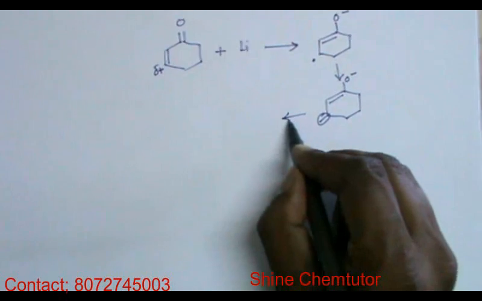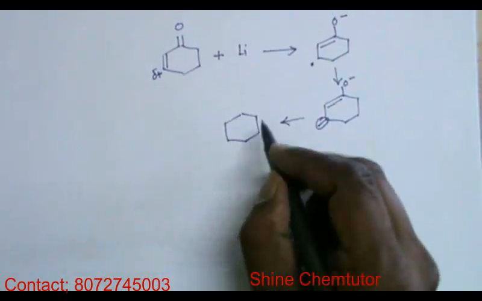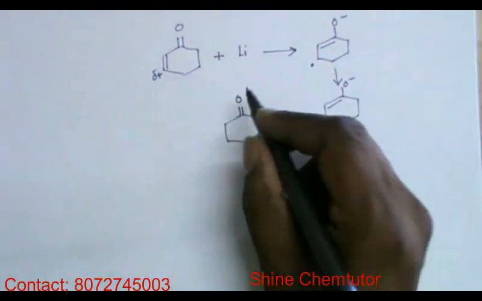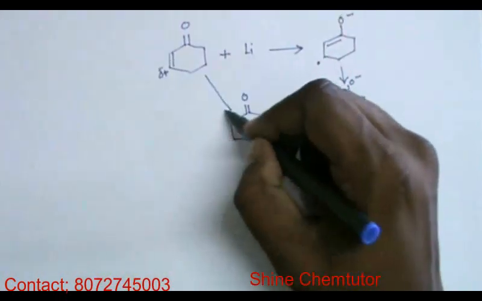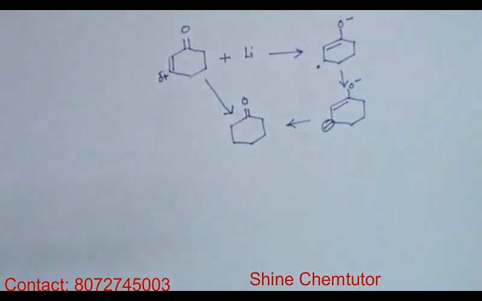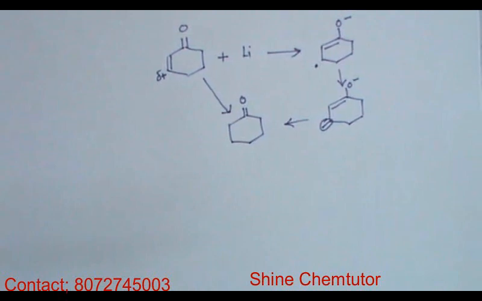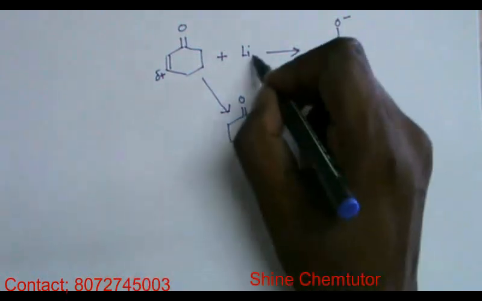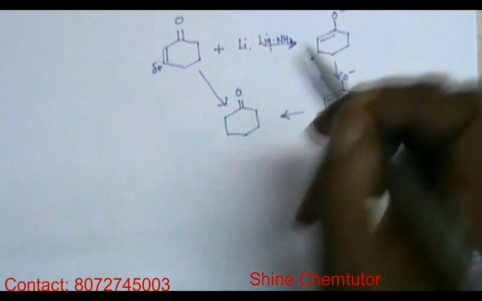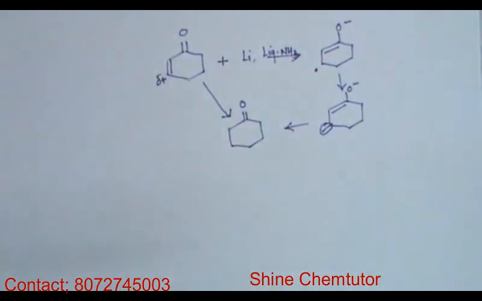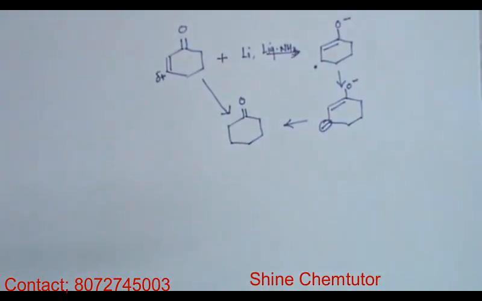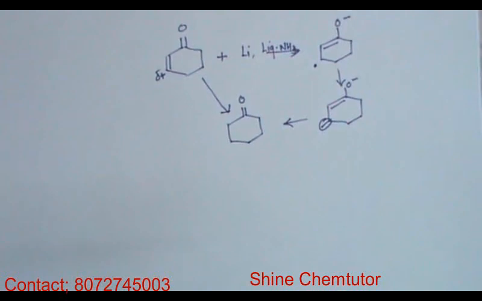So finally the product, whatever you get, will be like this. If you compare, I have reduced the double bond. So to reduce the double bond selectively in alpha beta unsaturated system, we use lithium liquid ammonia. The reaction involves transfer of single electron to electrophilic position of alpha beta unsaturated system, that is beta carbon.